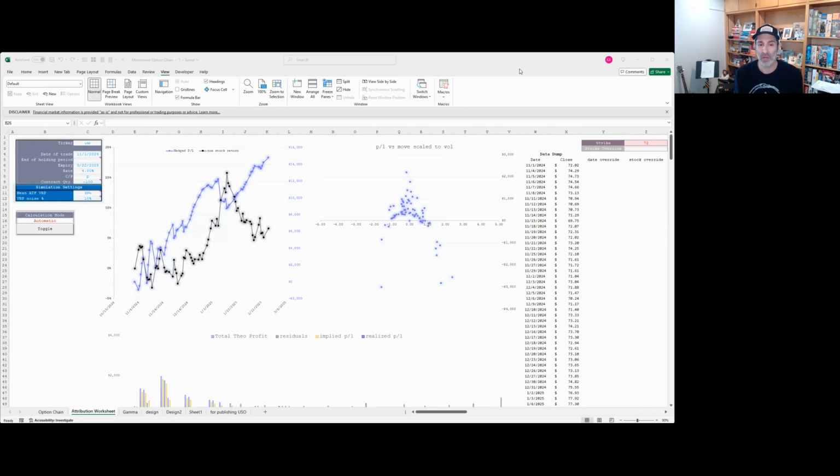So if you own 16% vol, like I said, that translates to 1% a day. This is pretty approximate, but if the stock moves 1%, your realized vol, meaning your gamma P&L, will offset your theta P&L. So you will make as much money on your gamma as you lose on your theta.